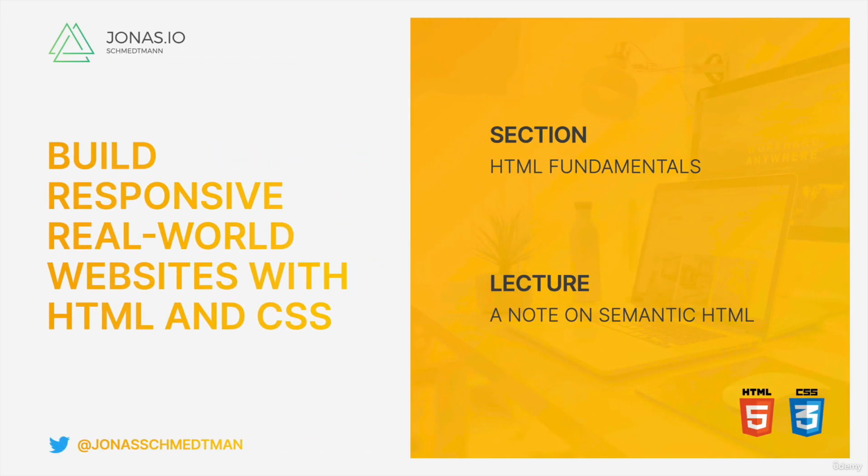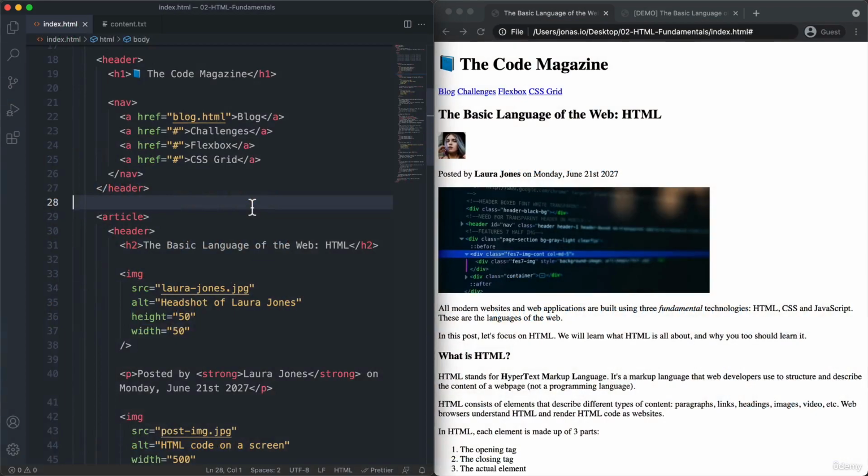So I mentioned the term semantic HTML a couple of times in this section. And so let's now very quickly define what I actually mean by semantic HTML. In HTML, when we talk about semantics, what we mean is that certain elements have a meaning or a purpose attached to them.